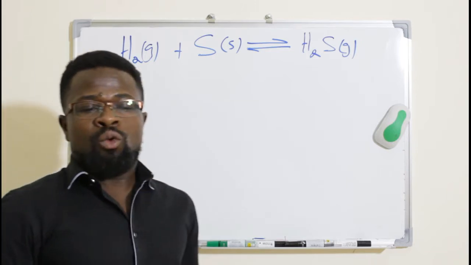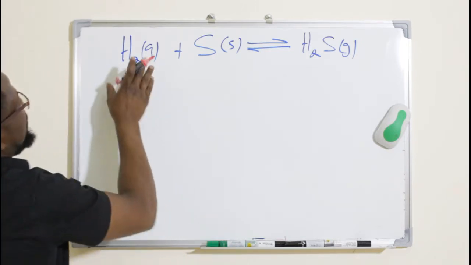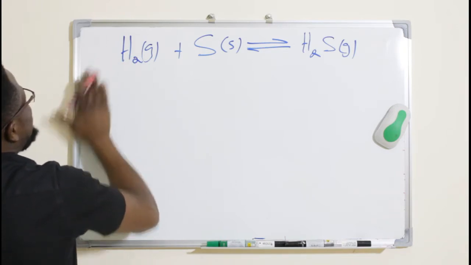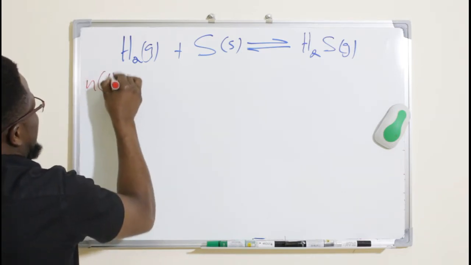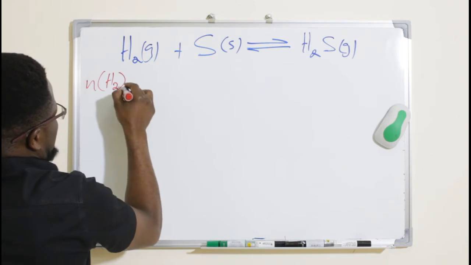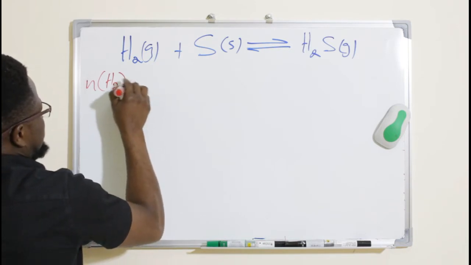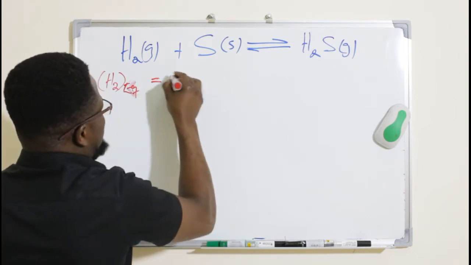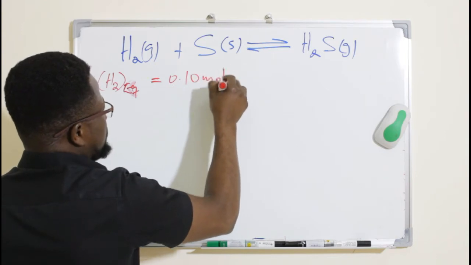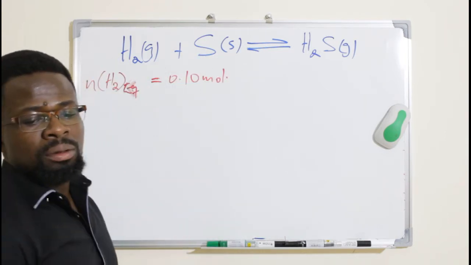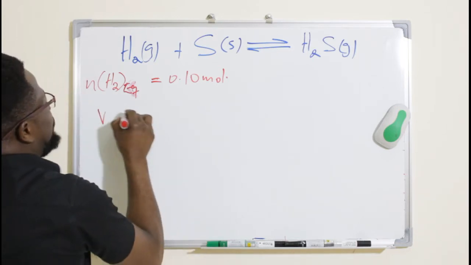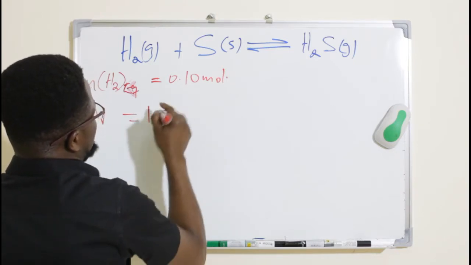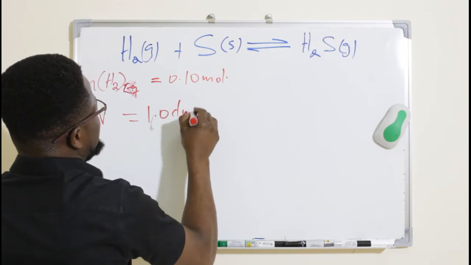At equilibrium, the number of moles of H2 gas is given to us as 0.10 mole, and we were told that the volume is 1.0 decimeter cube.